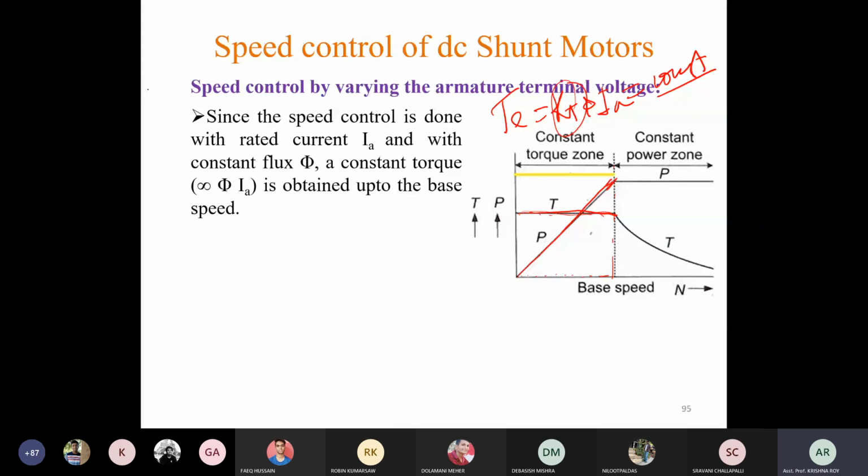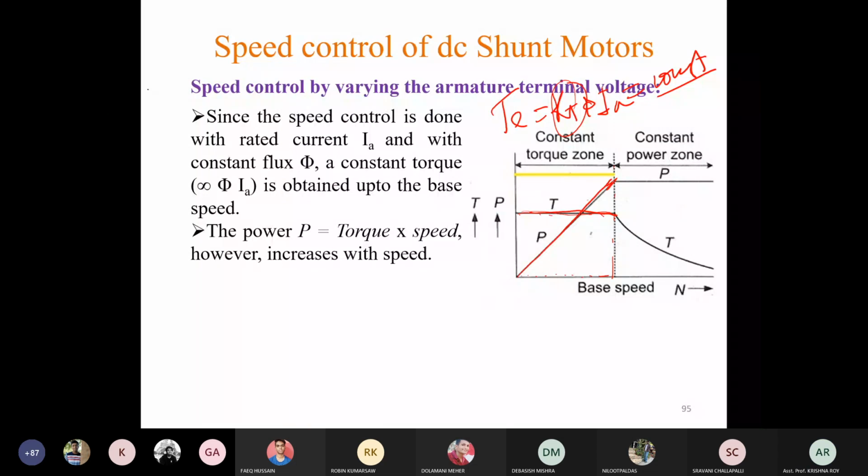That means by this method of speed control we will get a constant torque drive but not a constant power drive.